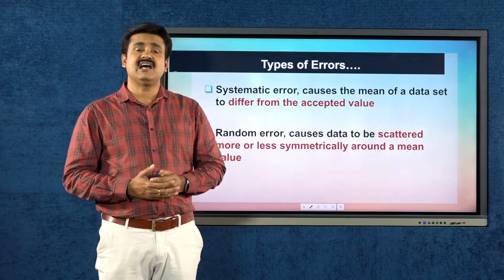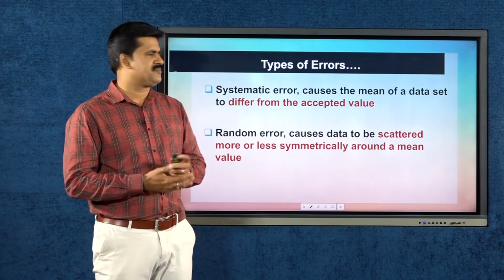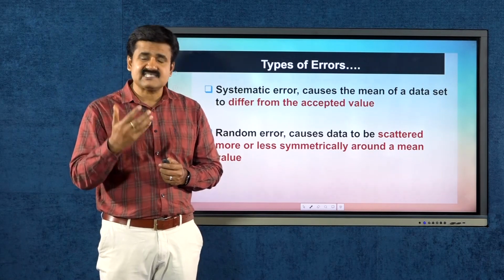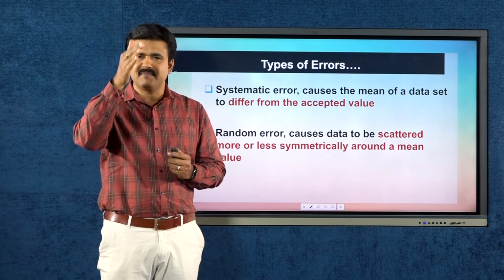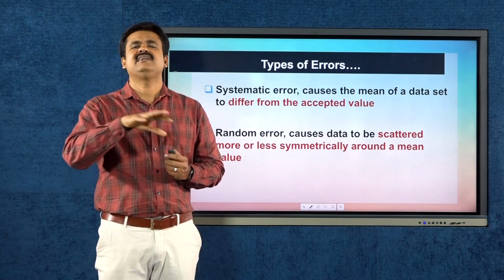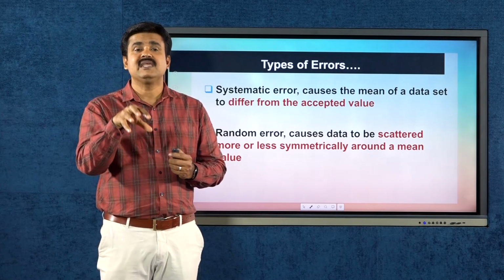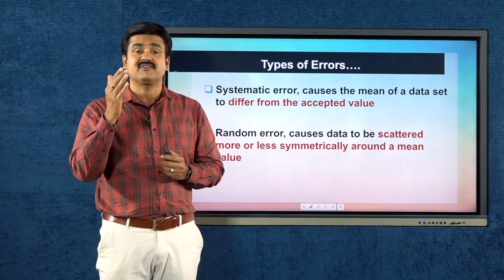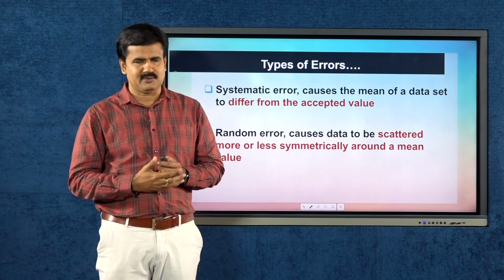In the case of random errors, this causes the data to be scattered more or less symmetrically around the mean value. That is, there is a mean experimental value, but the other values are scattered around the mean value. This you can easily identify with the help of graphical representation. More details will come in later modules.